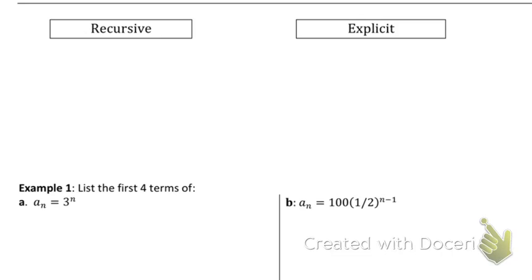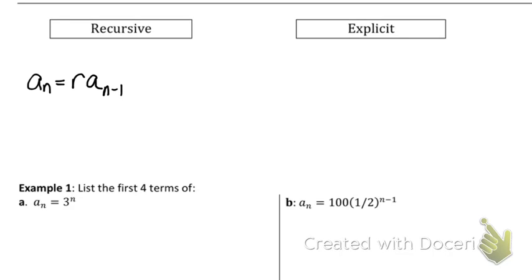All right, just like any other sequence, we have two ways we can express it. We can express it using a recursive formula, or we can express it using an explicit formula. Our recursive formula is going to be the term I want, a sub n, is going to be the common ratio times the term before it.